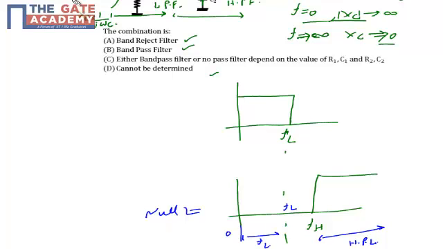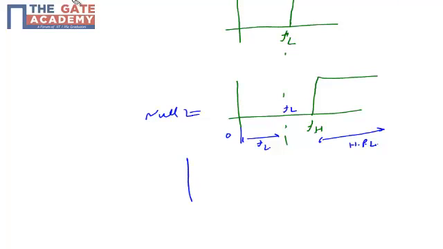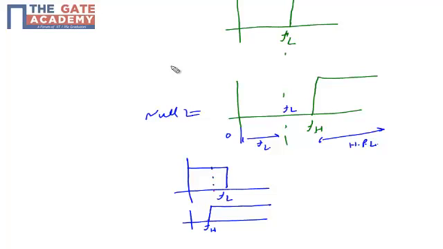On the other hand, if I choose the values of R1, R2, C1, and C2 such that FL overlaps with a certain section of FH, then I can actually get a band pass filter.